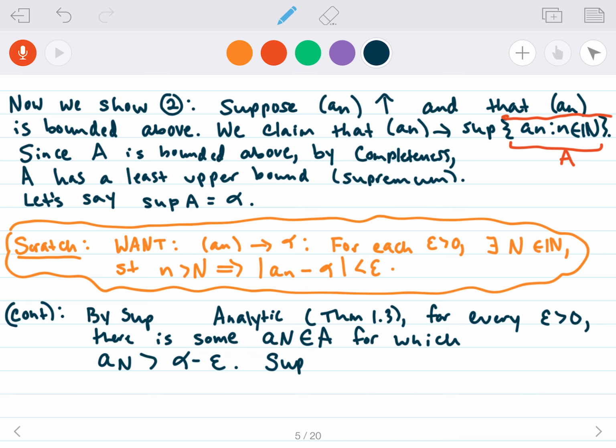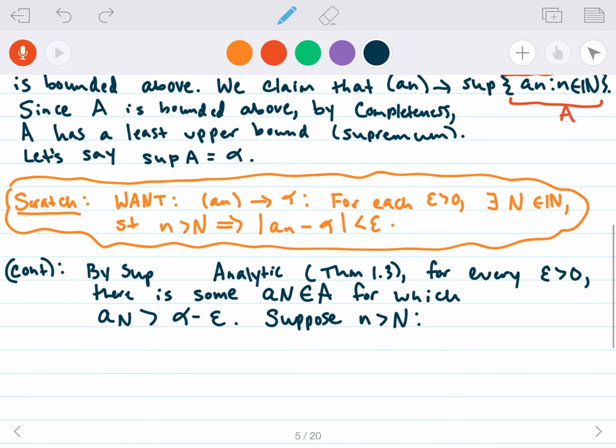So suppose little n is bigger than capital N. Because the sequence is monotone increasing, a sub little n is further along in the sequence than a sub capital N, right?